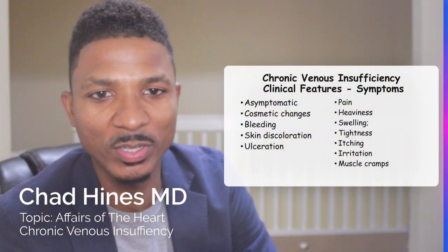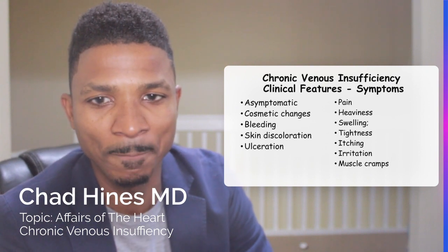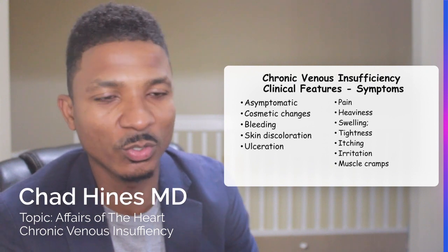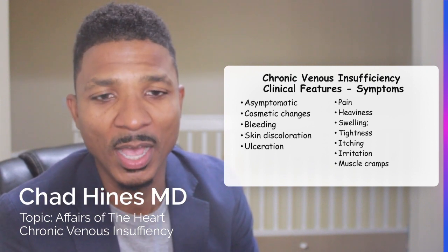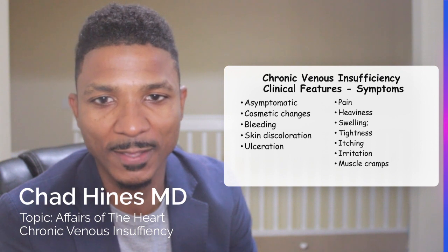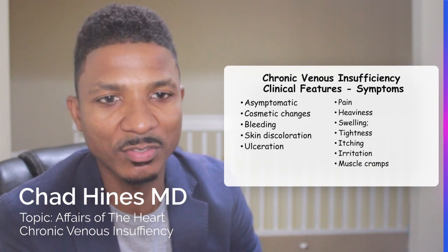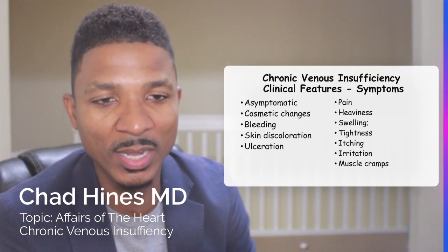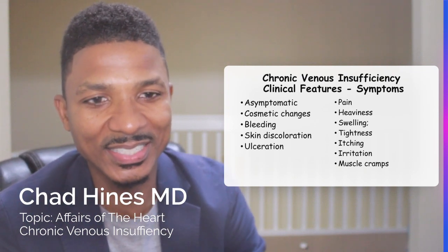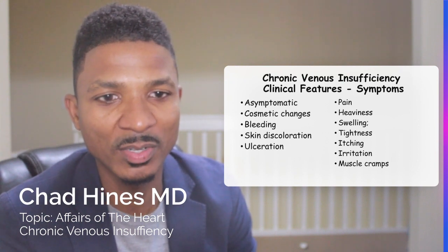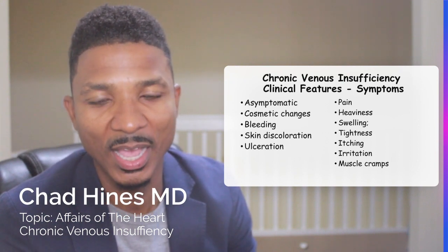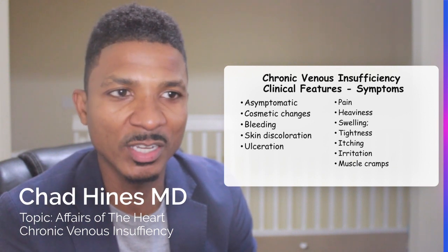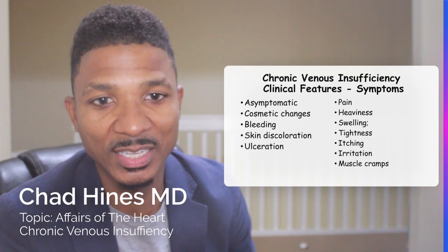So anyway, when someone has chronic venous insufficiency, apart from the appearance of the veins in the legs, most persons don't have any other symptoms. And the concern usually is cosmetic. But for those who do have symptoms, they may have pain, heaviness in the legs, swelling, tightness, itchiness around the veins, irritation, even muscle cramps, and also there may be bleeding from the veins, especially if the vein is over a bony prominence, and skin discoloration.